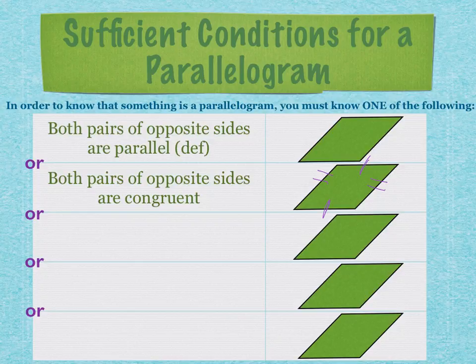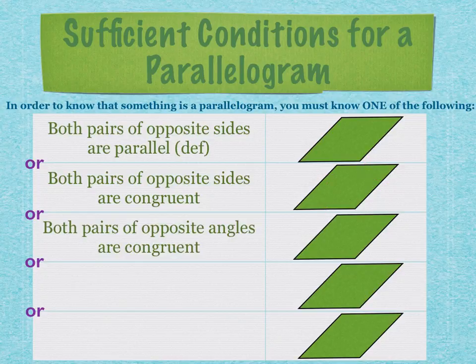So I have opposite sides are congruent. Next is that both pairs of opposite angles are congruent. This is the one we had just proved. So my opposite angles, those angles that are across from each other, are going to be congruent. So I have 2 pairs of congruent angles there that are across from each other.